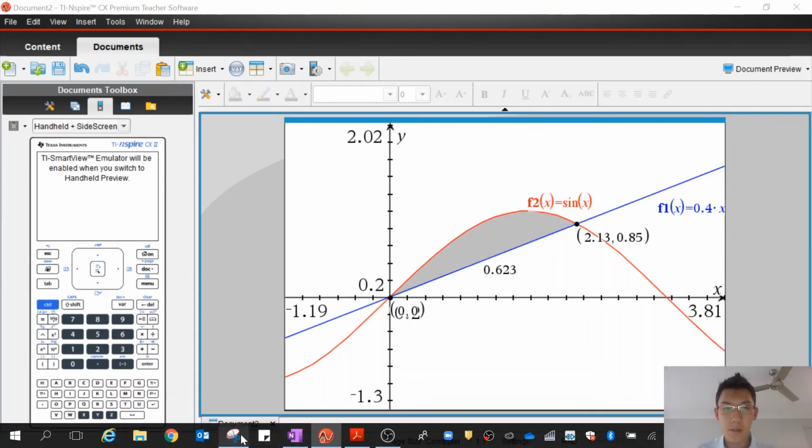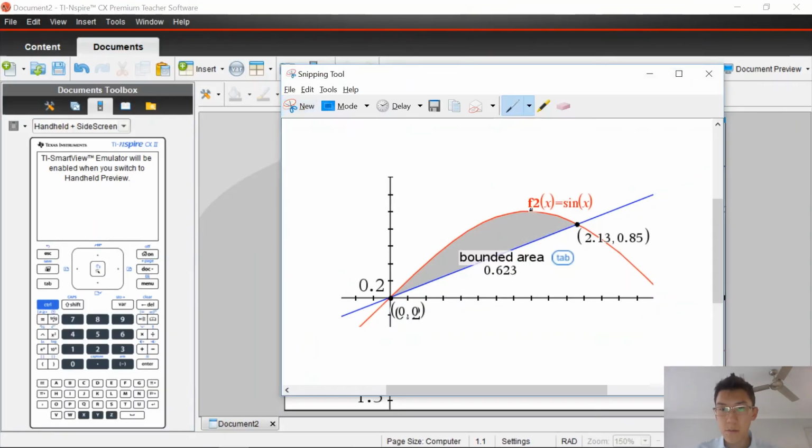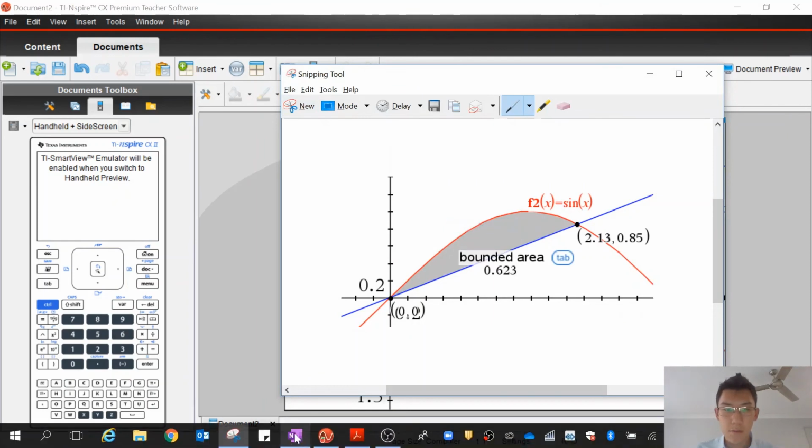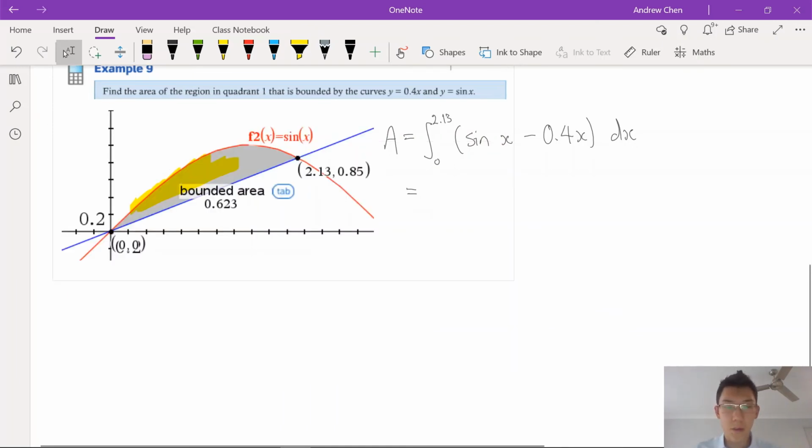So maybe I just replace the graph with our new graph, and now I can rub out my highlighting. There we go.